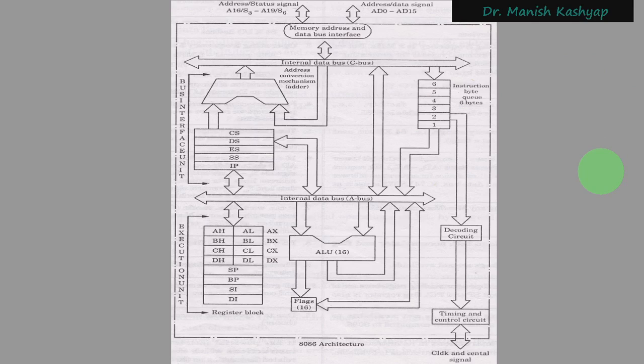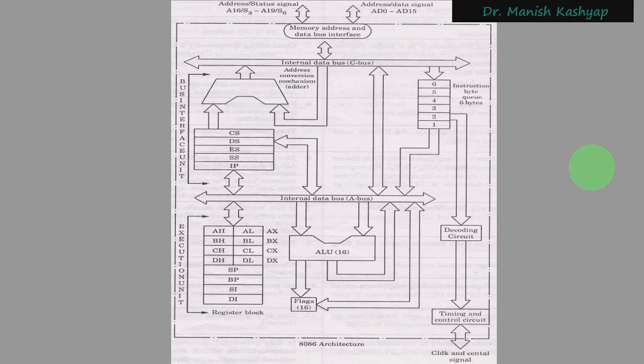It's not that because 8086 is a 16-bit microprocessor, every location in the memory will also be of 16 bits. No, every location in the externally interfaced memory will still be of 8 bits, that is 1 byte, and we will have 1 mega such locations, that is 2 raised to the power of 20 such locations.